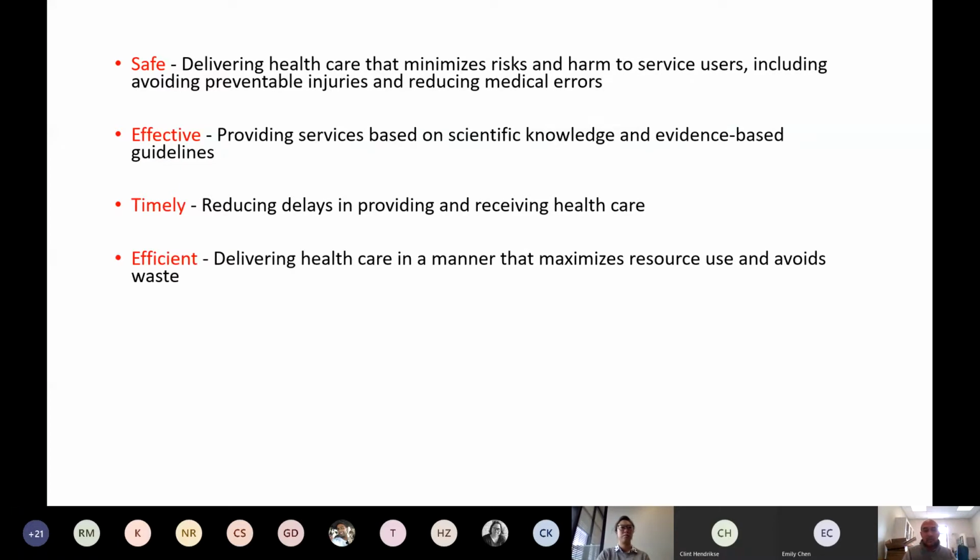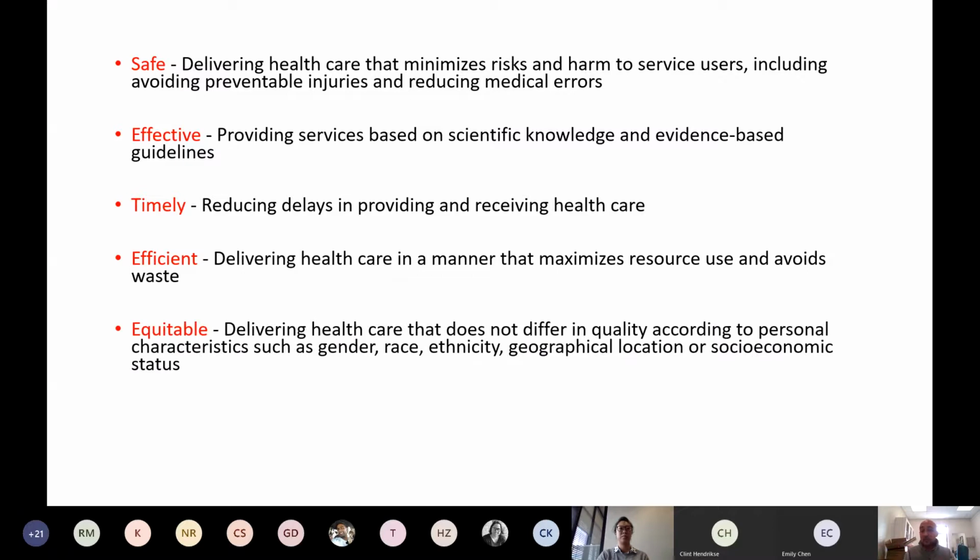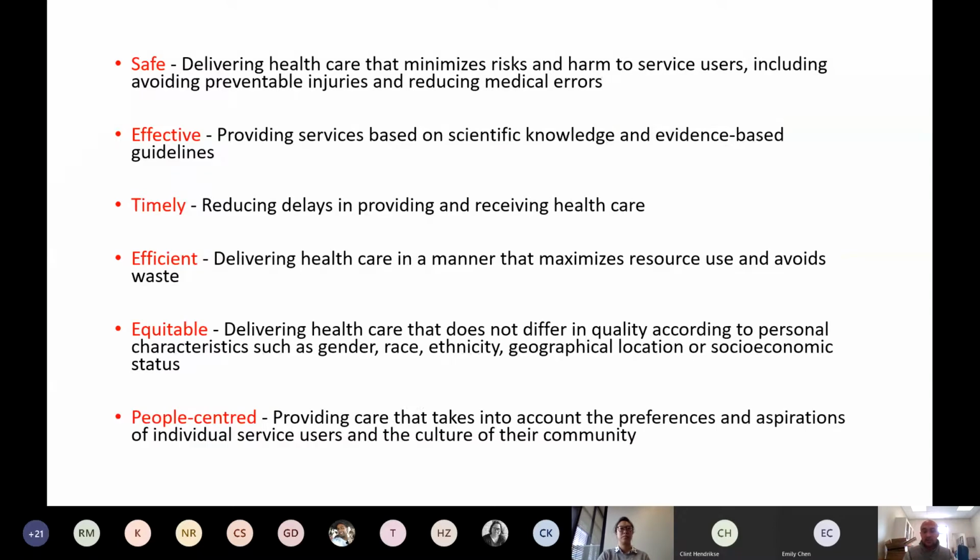So it all depends. Quality needs to be efficient. So minimize waste, and we'll talk about waste a little bit later on. If you provide quality care, but you spend the budget and you run out of budget, that's not quality at the end of the day. It has to be equitable. It has to be the same across all patient types and so on.